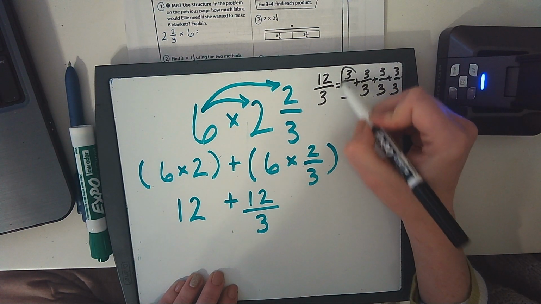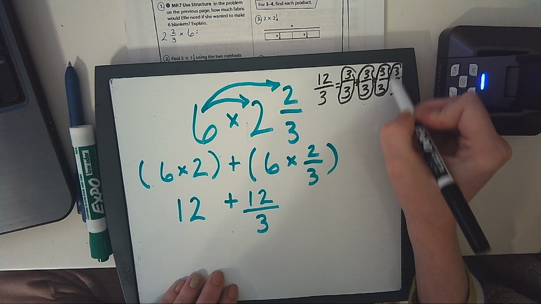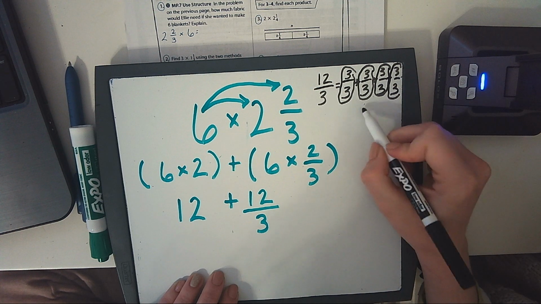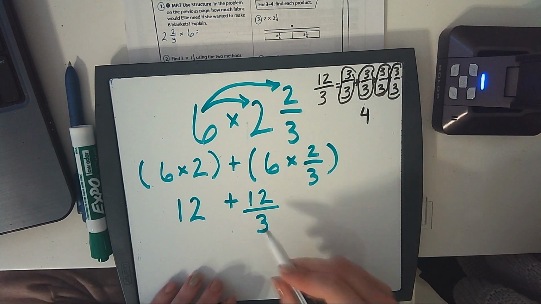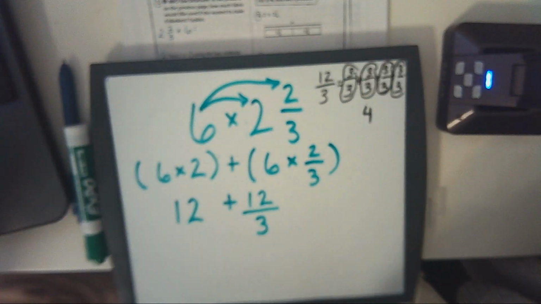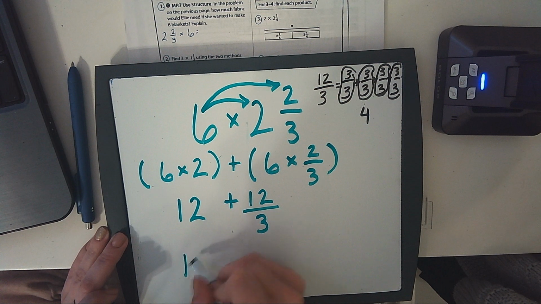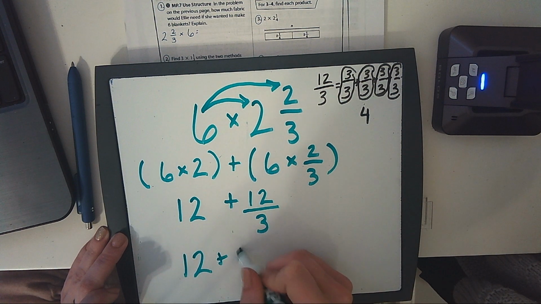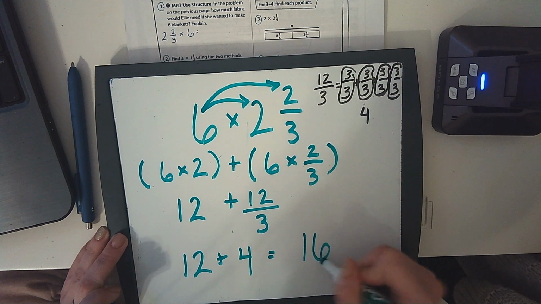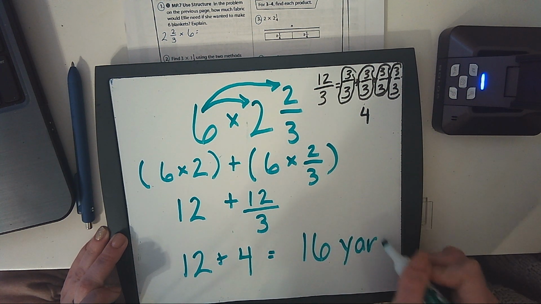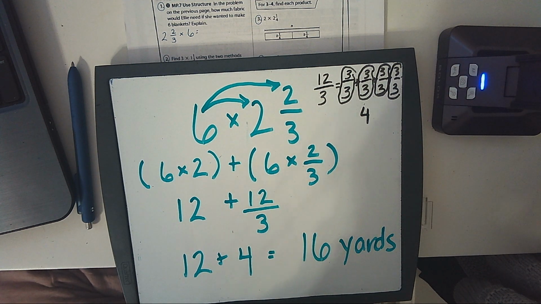I have 1, 2, 3, 4 wholes that I can make because 3, 6, 9, 12. So 12/3 is equal to 4. So it becomes 12 plus 4, which equals 16 yards. And that is my answer to number 1.